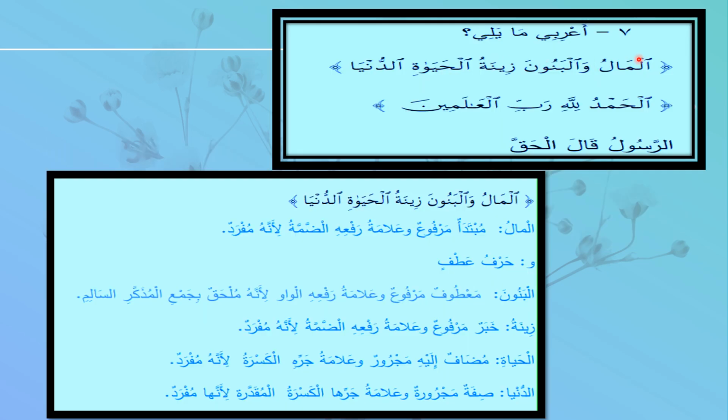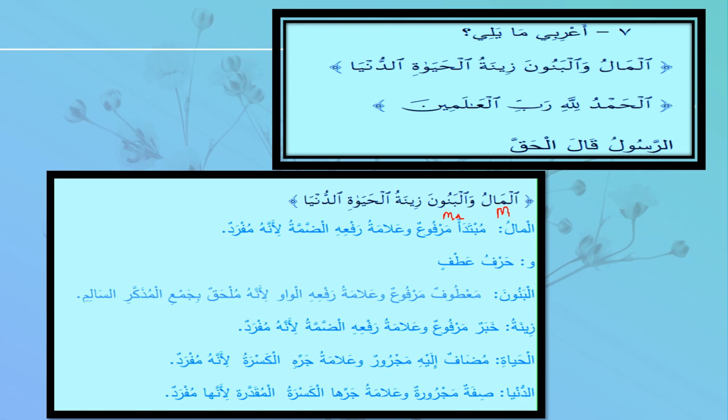Let's do the Arab. This is, I think, the last question in this lesson. You have to do the Arab. So let's do this. Al-malu wal-banuna zinatul hayatid dunya. So as done before, first of all, check the sentence. Al-mal, this is mubtada, jumla ismiya. Wal-banun, following after waw, is matuf, and it is Jama Mudhakkar.